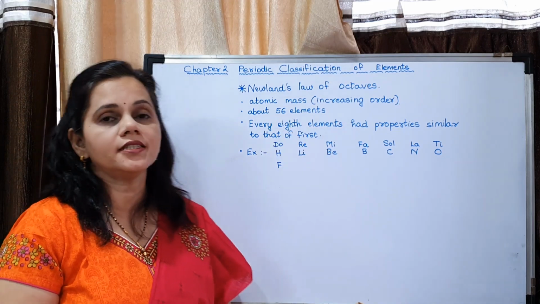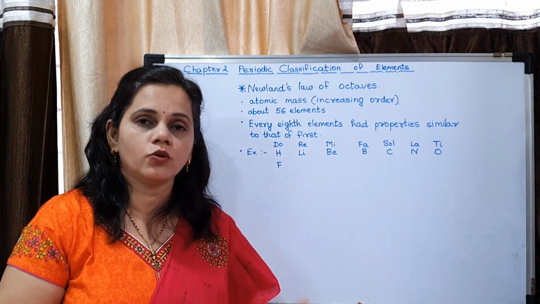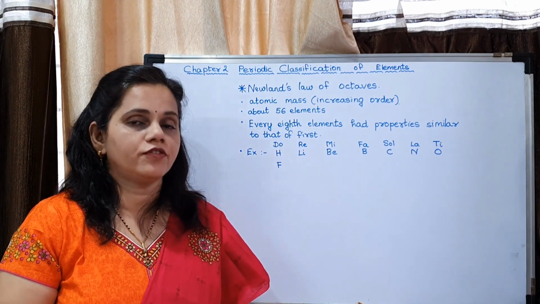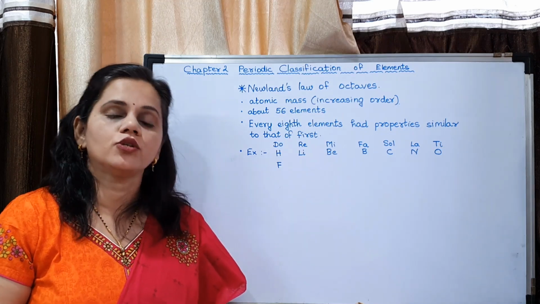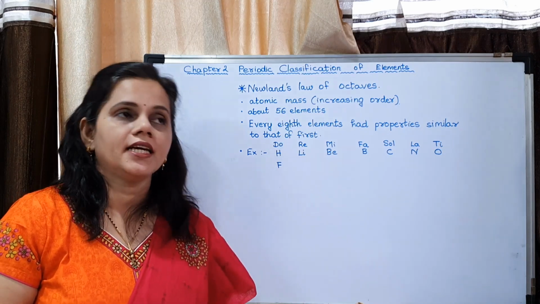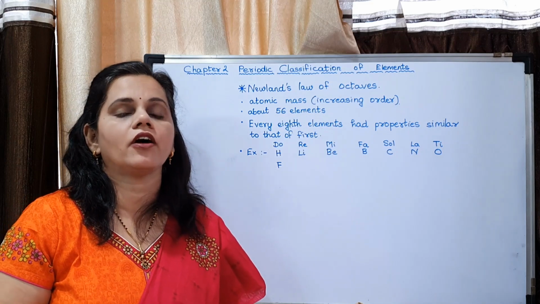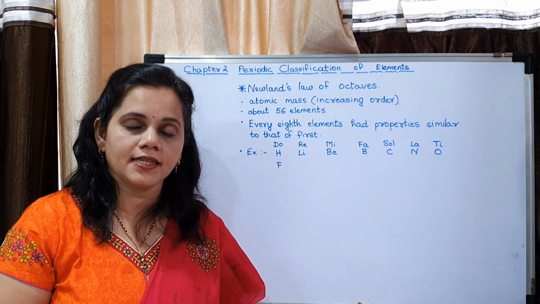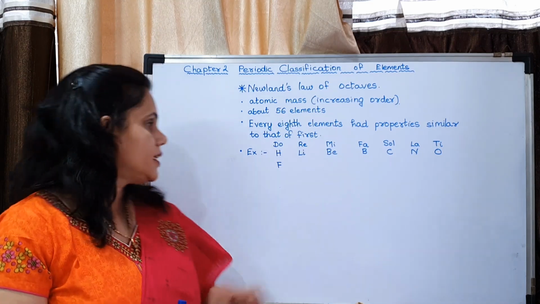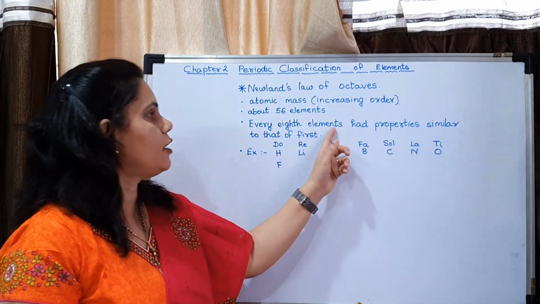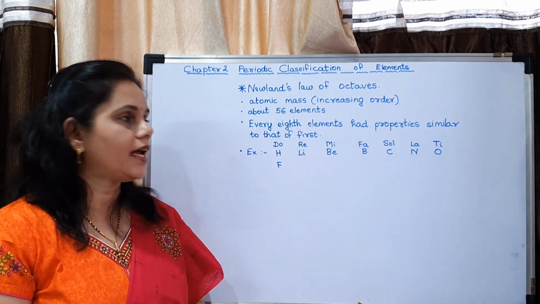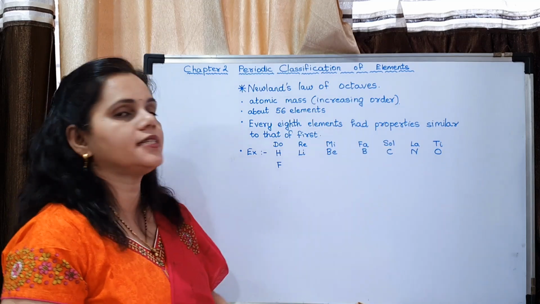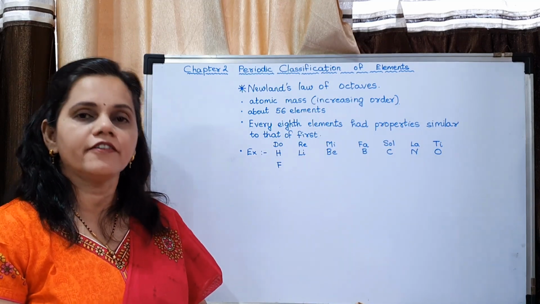How many elements? About 56 elements were known by his time. So those elements he arranged in the increasing order of atomic masses. He found that every eighth element had properties similar to that of the first.